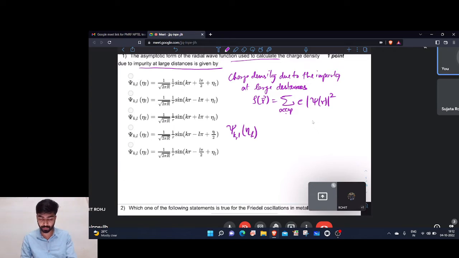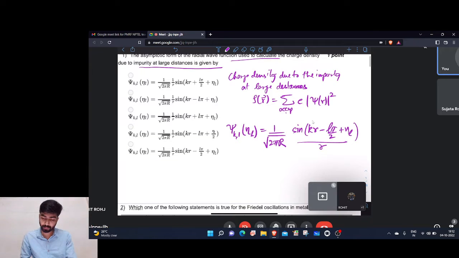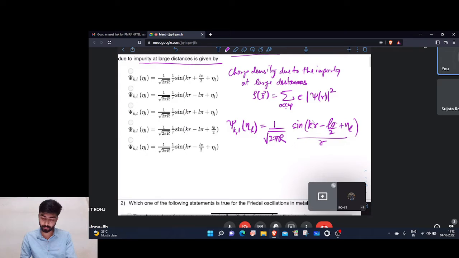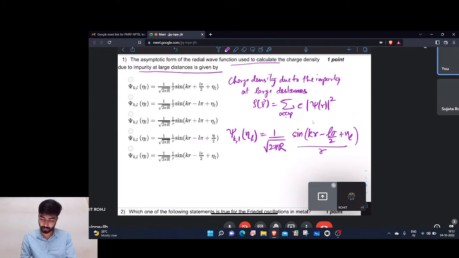Eta l are the phase shifts in the radial wave function, 2 pi R, so kR minus l pi by 2 plus eta l, divided by R. So this is the asymptotic form, and it matches with option number 5, because in all other options the term l pi by 2 is with a plus sign, which is not correct.